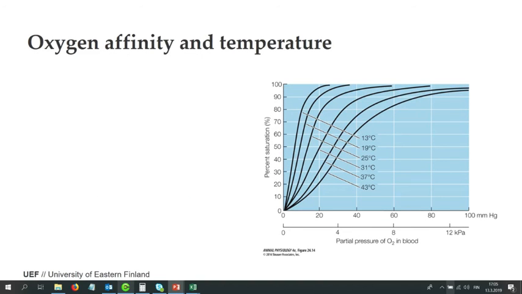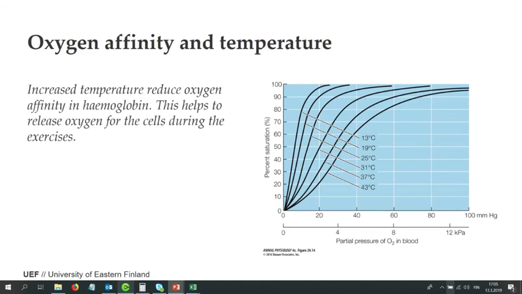But then, oxygen binding is also affected by temperature. When we increase the temperature, we reduce the oxygen affinity. And this helps the release of oxygen during exercise when we are having hyperthermia.